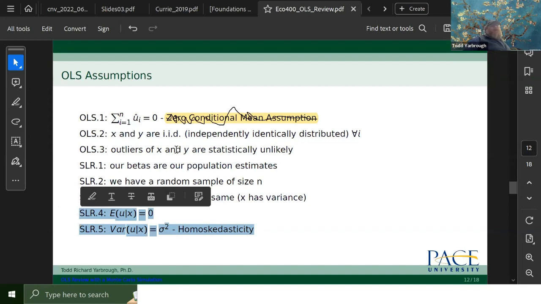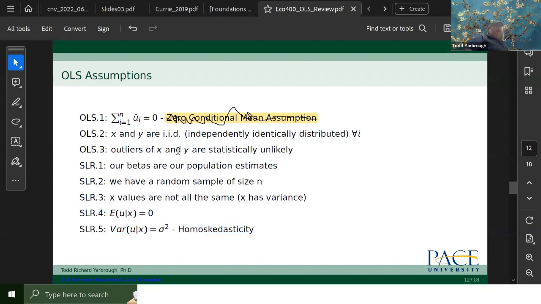That's not to say that SLR 1 through 3 aren't important technically. It's just that they are not typically as much of a problem. SLR 1 relies upon the central limit theorem and the law of large numbers. SLR 2 represents the properties of sampling, which we discussed already this semester.